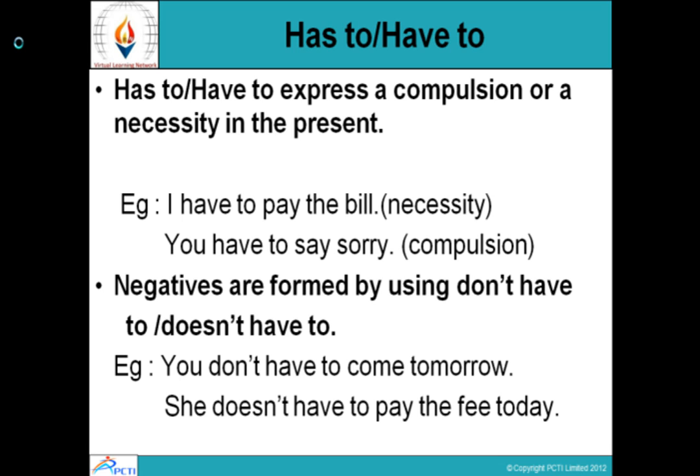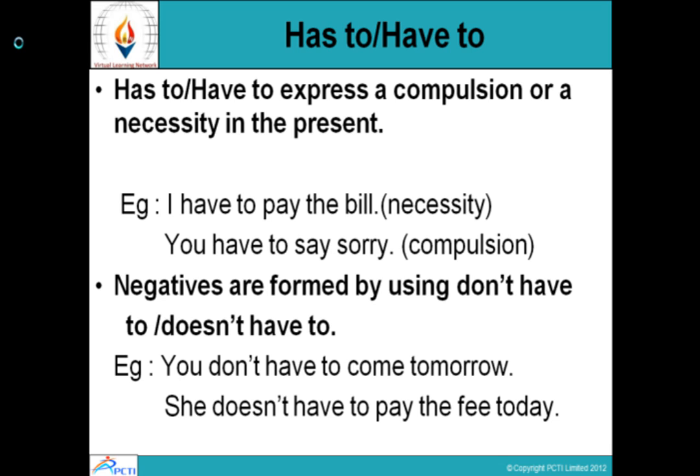How to form negatives? Negatives are formed by using don't have to, doesn't have to. Here I would like to remind once again, has and have are helping verbs as well as main verbs.